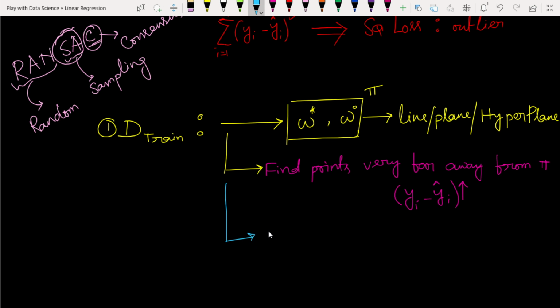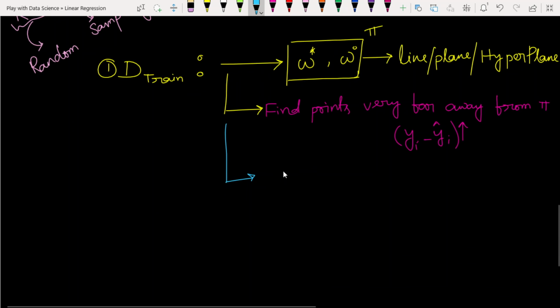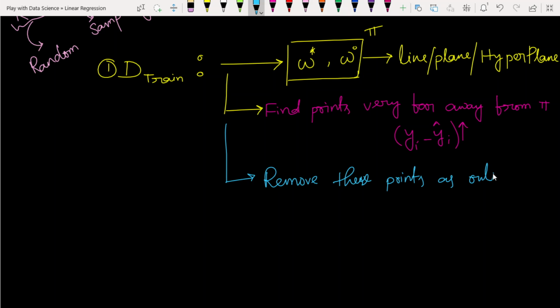Now in the third step, we simply remove the points that are far away from our plane. We remove these points as outliers. So what will our data set be? Let's call it D dash train.